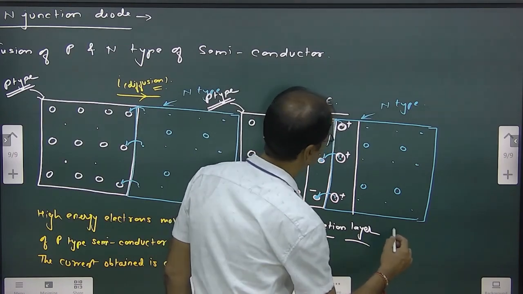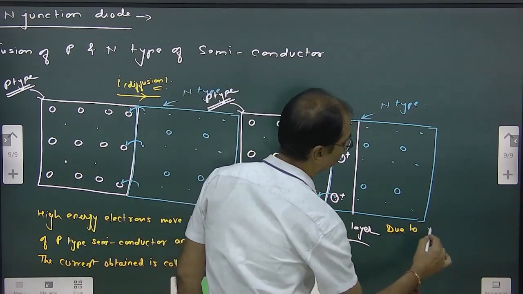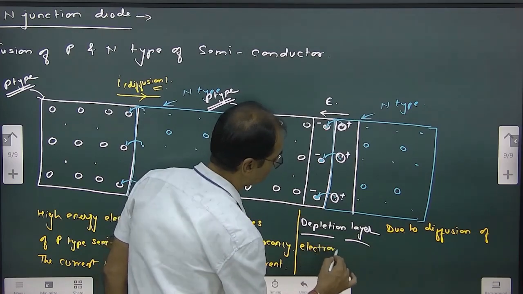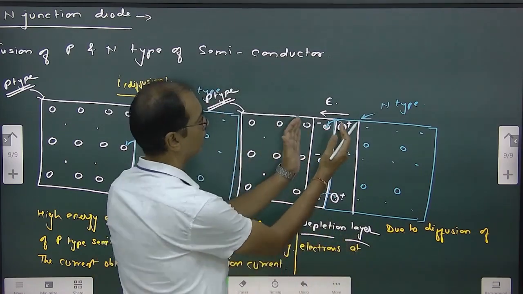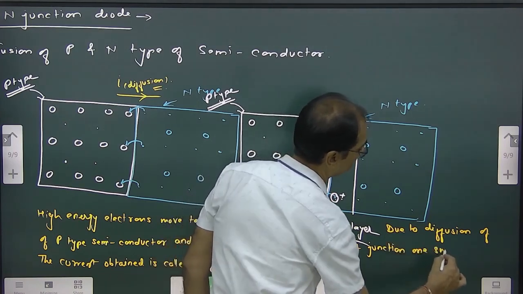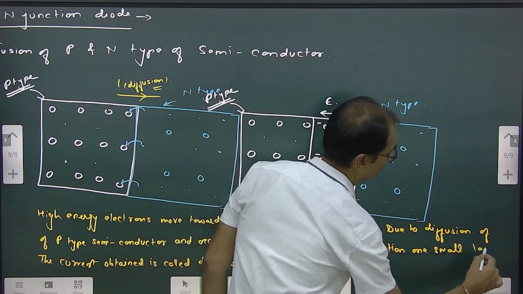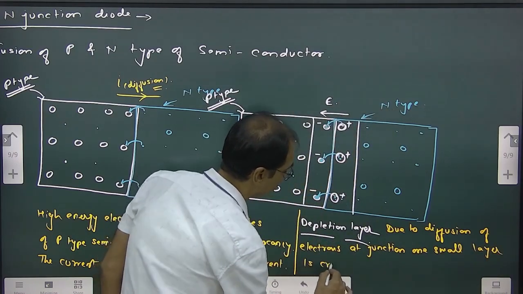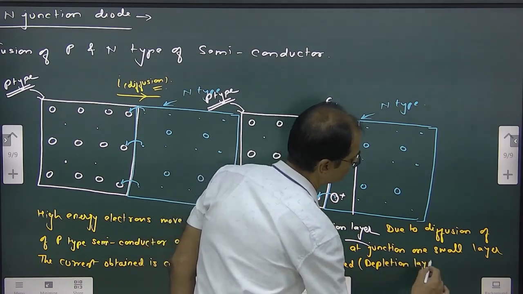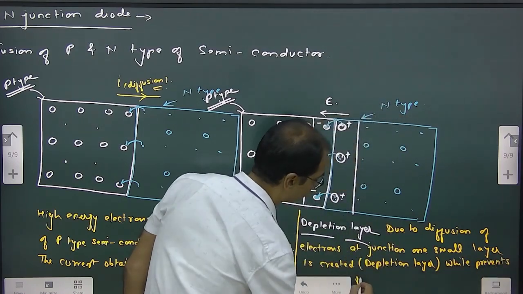So due to diffusion of electrons at the junction, one small layer is created, which we are calling the depletion layer, which prevents further diffusion of electrons.